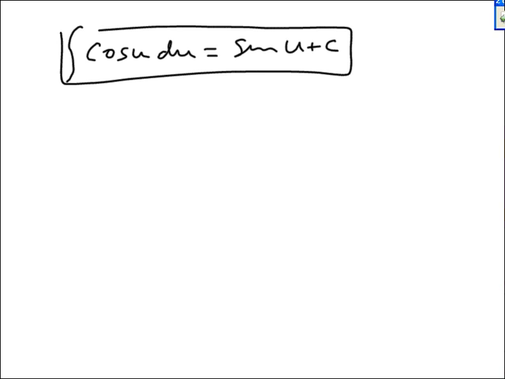Okay, let's do a couple. Remember that the integral of cosine of u du is equal to the sine of u plus c. We know that. So if I ask you what's the integral of cosine of 3x squared times 6x dx, you should call the angle u.